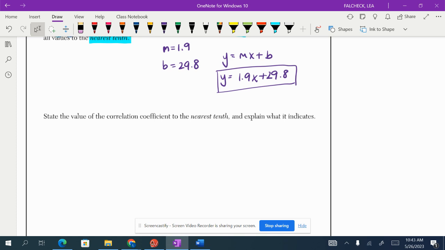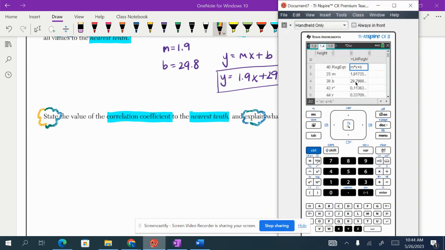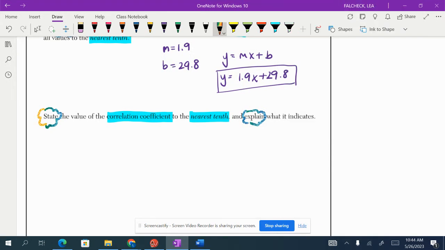Then we're going to want to state the value of the correlation coefficient to the nearest tenth and explain. So we need to state r, and then we need to explain what it indicates. So r can be found in our linear regression equation calculation. We don't want r squared, we do want r. r is 0.33709, and we want to round that to the nearest tenth, so it would just be 0.3.